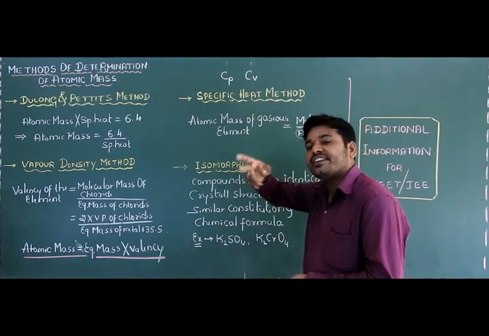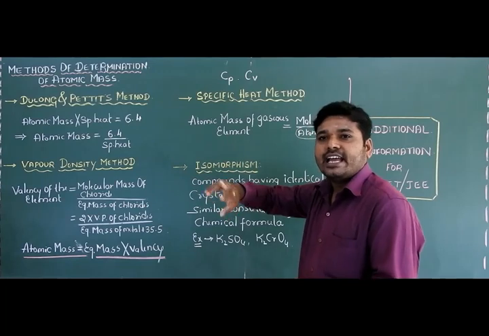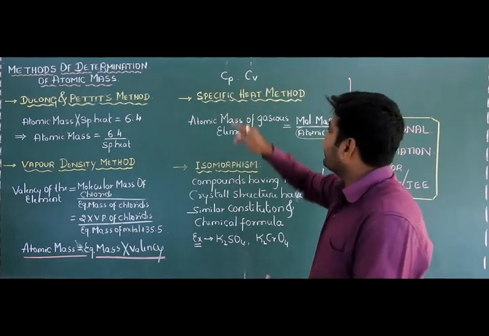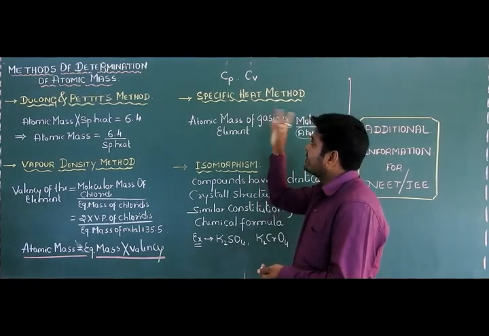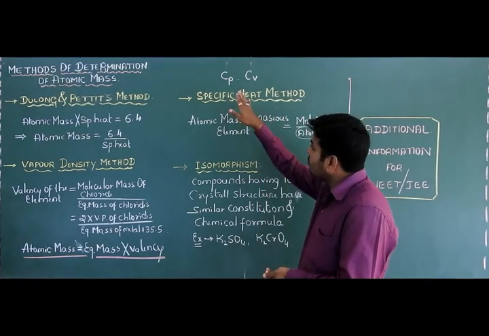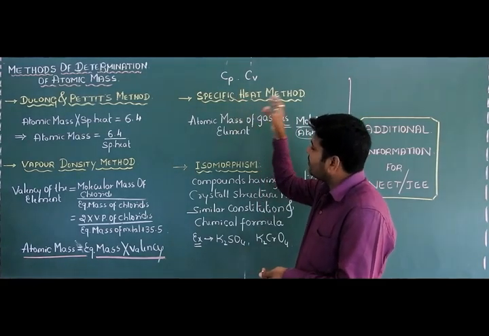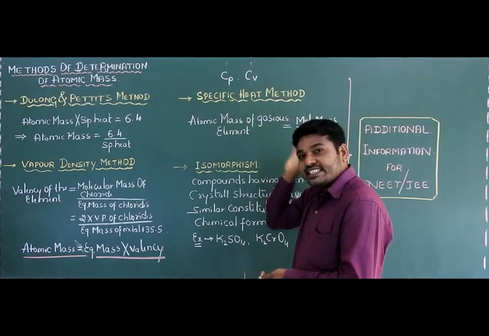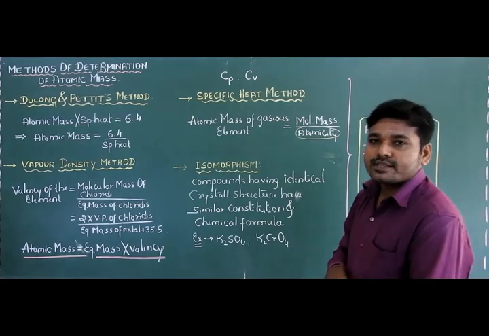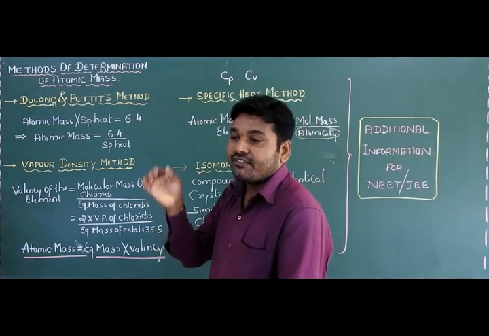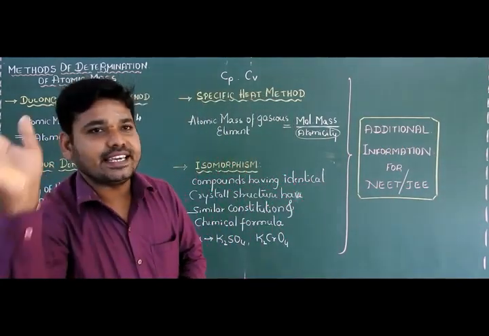And there are two different specific heats. One is at constant pressure, that is Cp, and the second one is at constant volume, that is Cv, students. And according to this method, the atomic mass of a gaseous element is calculated by using the formula molecular mass of the chemical substance divided by atomicity.